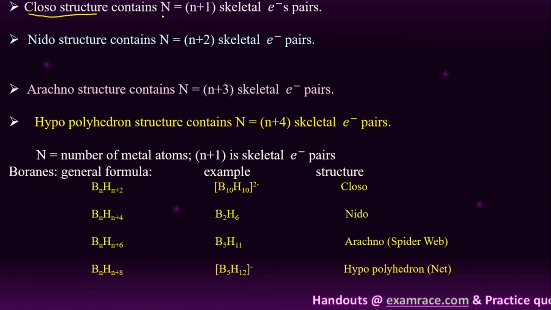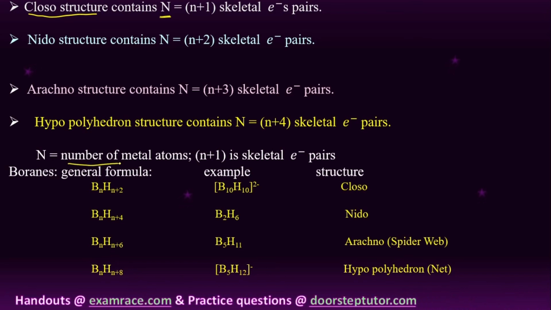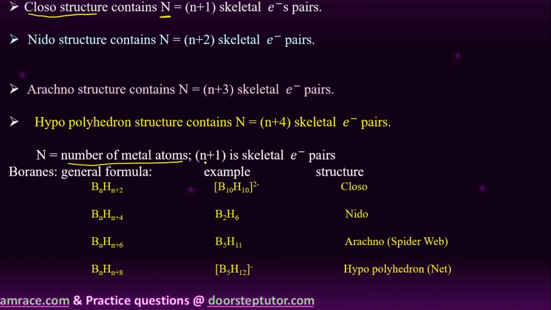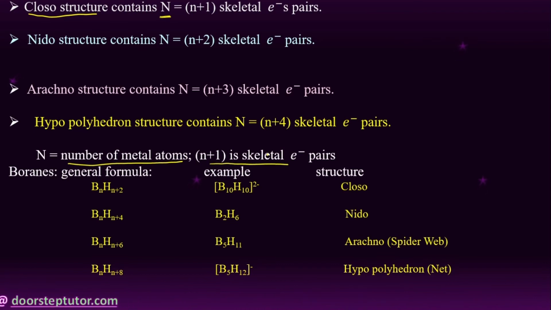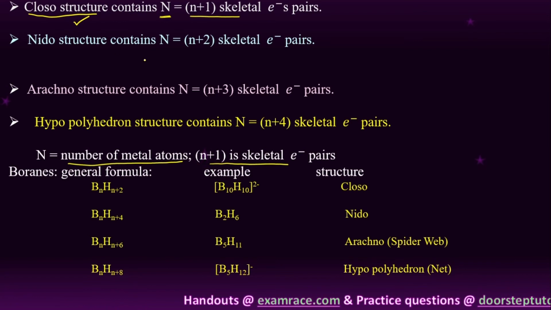We denote it by capital N, where N means the number of metal atoms. If there are N plus 1 skeletal electron pairs, then the structure is closo. Is that clear, student? Right.